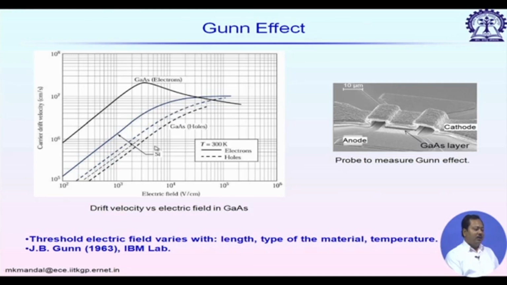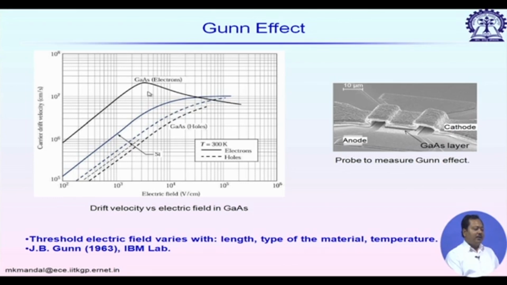It happens due to this type of variation of carrier drift velocity with the applied electric field. In this chart we are comparing the carrier drift velocities for different types of materials and for electrons and holes. For silicon, both for electrons and holes, carrier drift velocity increases with the applied electric field, and at some point it reaches a saturation value.